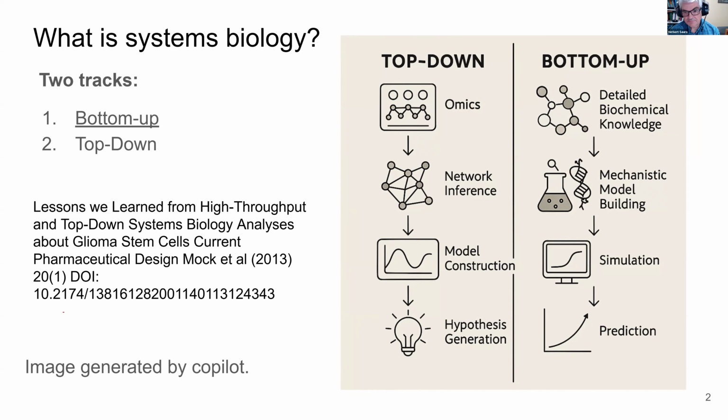So that's top down, but the bottom up is what I do and a lot of other people are doing, and it's much older than top down. So in bottom up, instead of starting high up with all the data, you start low down at the network level and try to build up. So you'll start with enzymes or genes, proteins, and from there you will construct bigger and bigger mechanistic models.